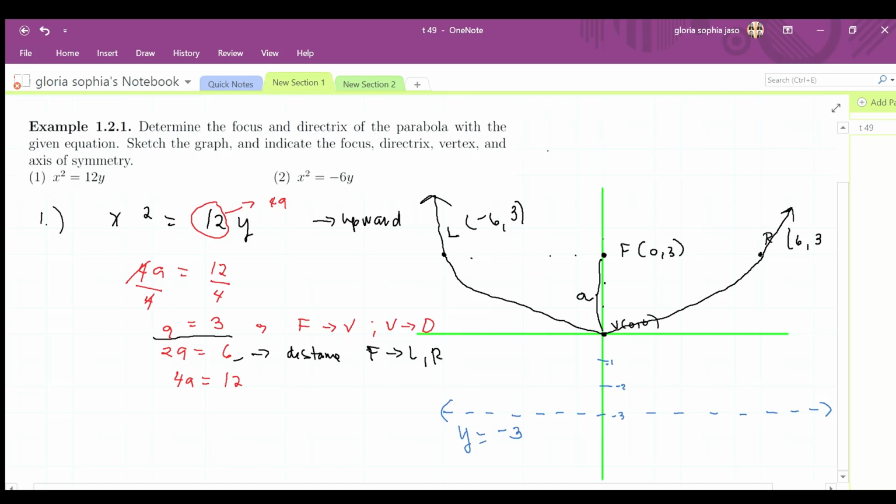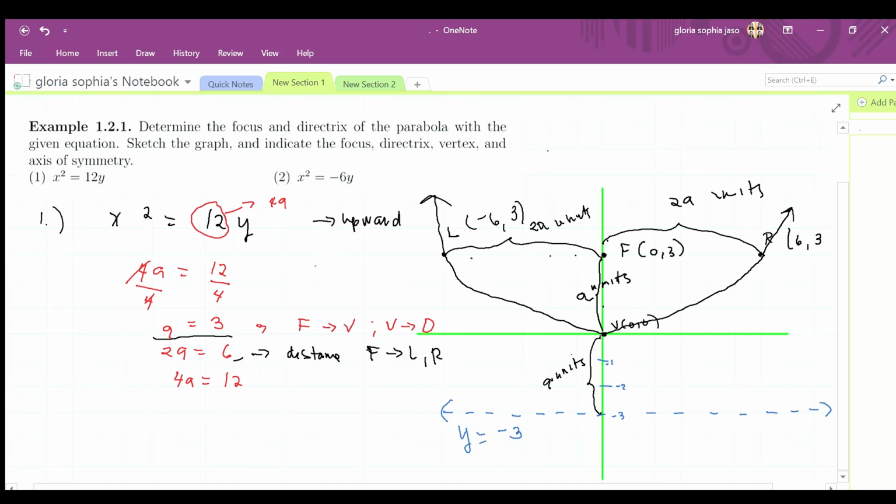So let's look again. This is 2a units. This is also 2a units. From vertex to directrix, that is a units. From vertex to focus, that is a units. So those are the distances that we have to remember. So let's identify our focus.